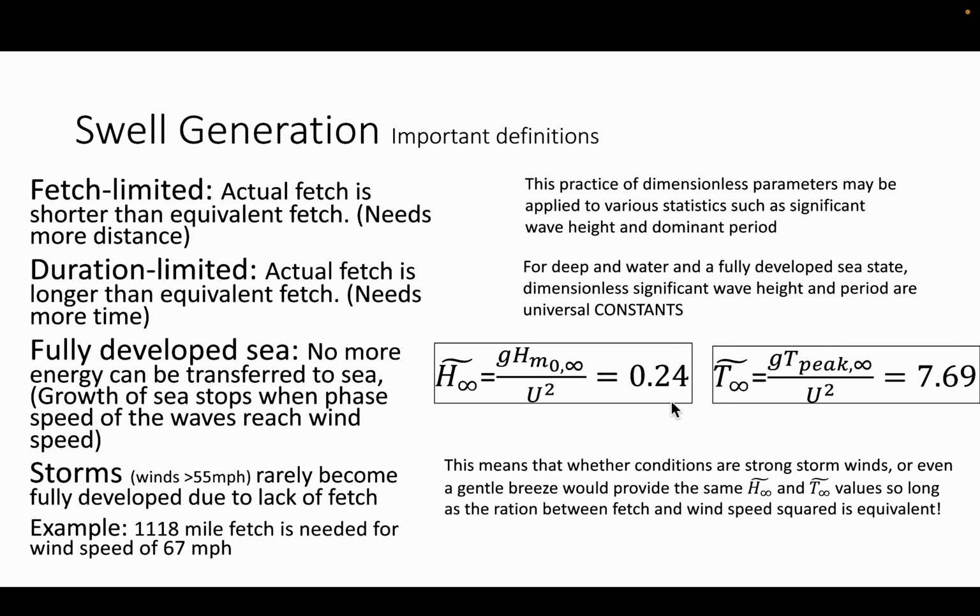Here we have 0.24 for the wave height and 7.69 for the period. This means that whether weather conditions are strong storm winds or even a gentle breeze, they would provide the same wave height and period values so long as the ratio between fetch and wind speed squared is equivalent.